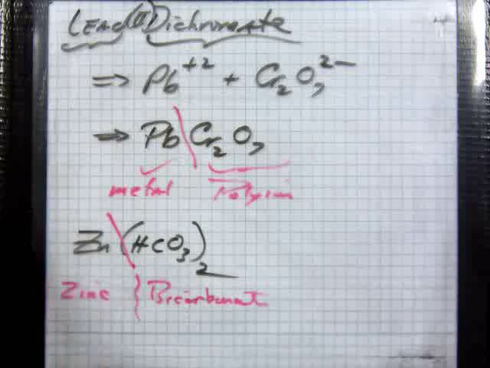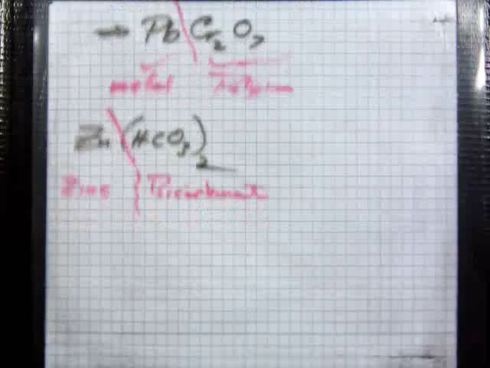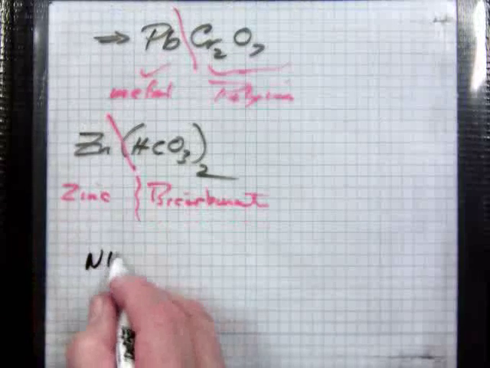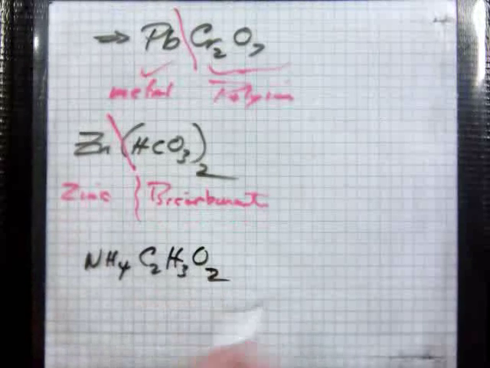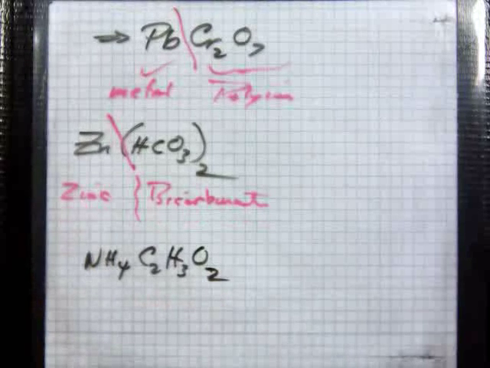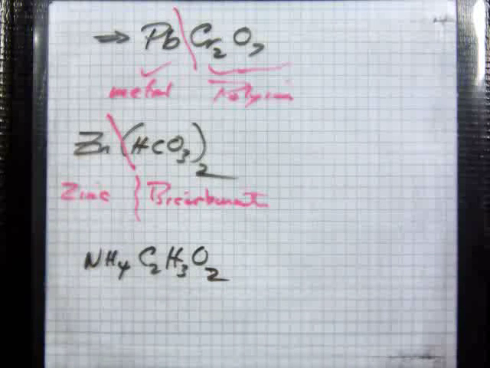Here's one. Very important that you get used to this. Remember I told you there are only two positive polyions that you're really going to run into right now. There are many positive polyions, but for right now, there's ammonium, and then there's mercury.